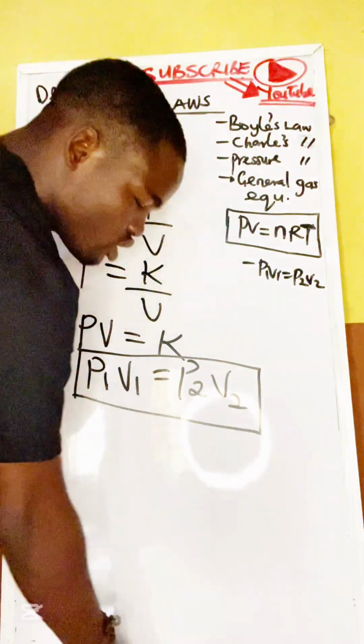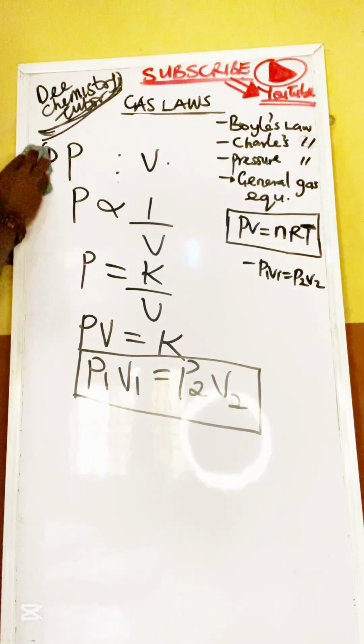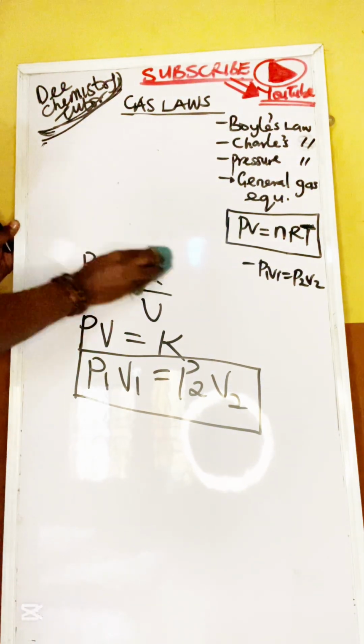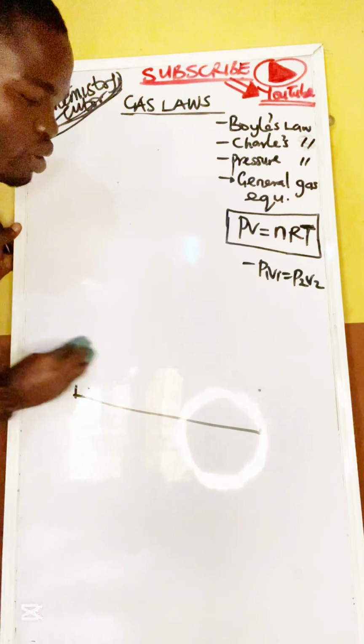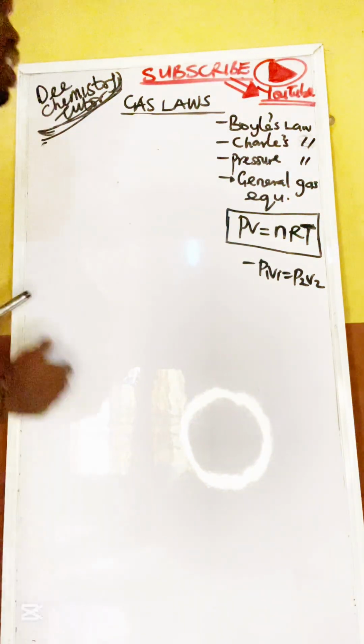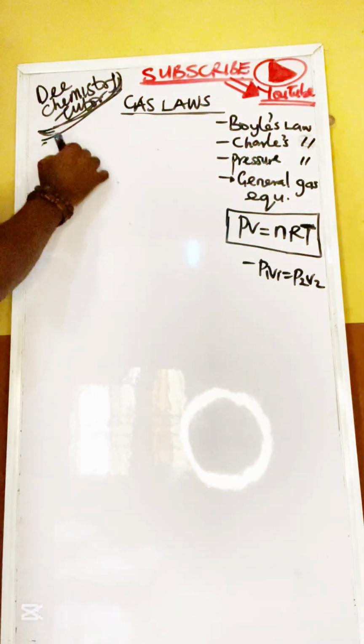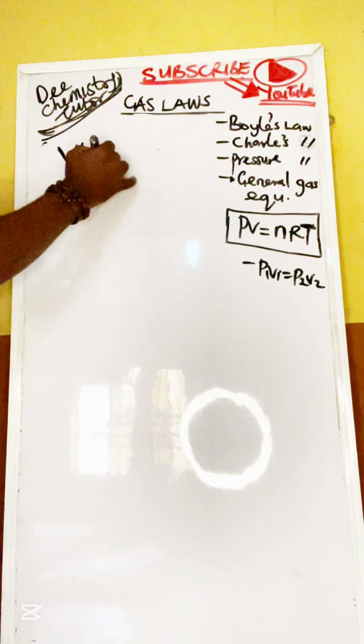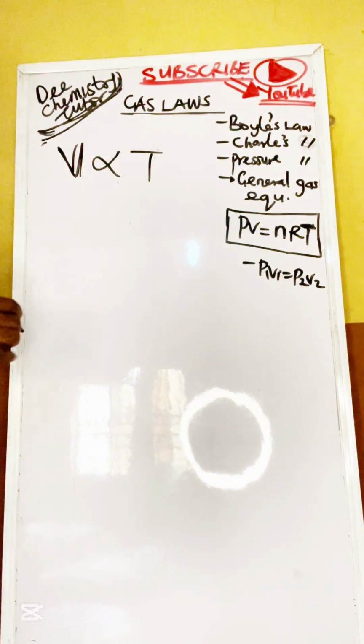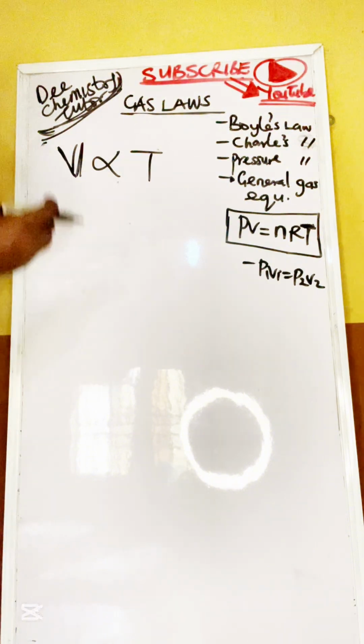Now, the second law is what we call Charles' law. What is Charles' law actually talking about? Charles' law is comparing volume and temperature. He's saying that the volume is directly proportional to the temperature, provided the pressure remains constant.